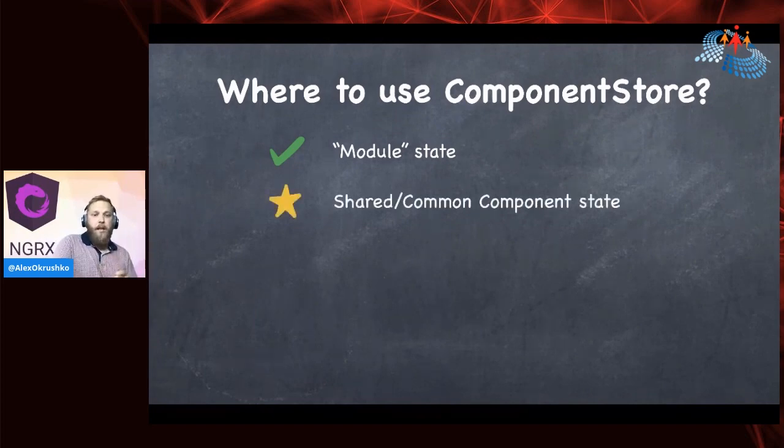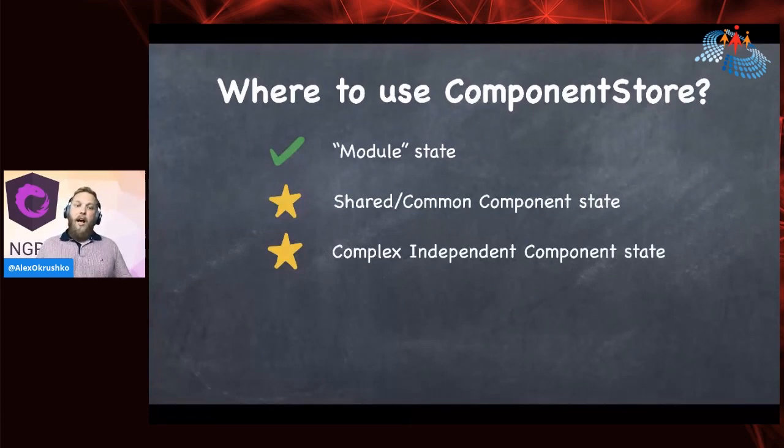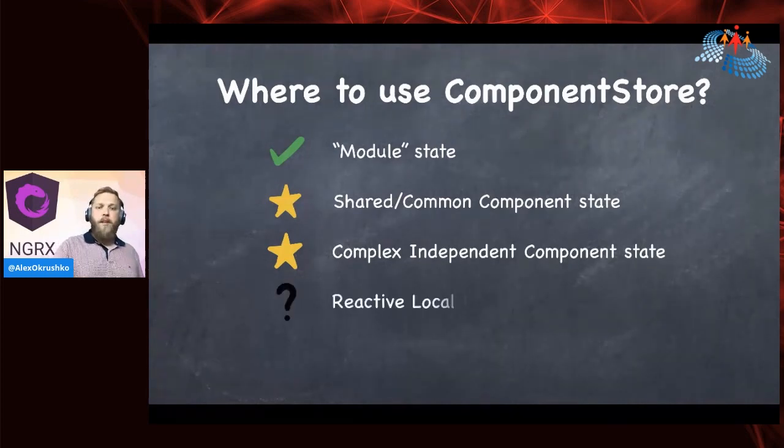First, we'll cover a module state. Then we'll go into the shared common component state, and this is actually the state that basically gave birth to this component store within Firebase initially. Then there's a complex independent component state, which is very related to the module state.